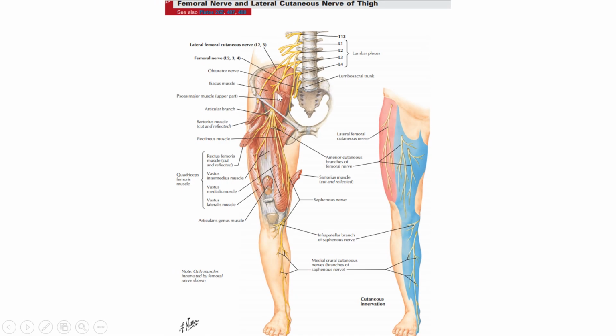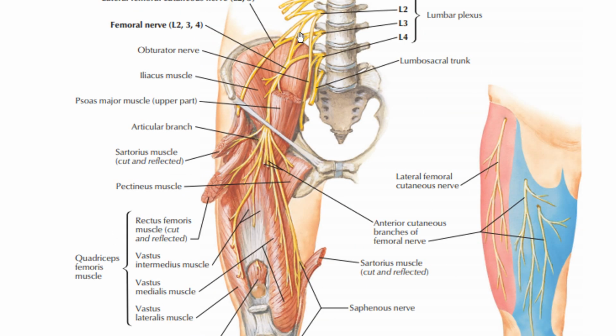Then here we have the femoral nerve. The femoral nerve arises from the lumbar plexus by the contribution of L2, L3 and L4 roots. This branch is from L2, from L3, and from L4, and all of these roots unite to form the femoral nerve.